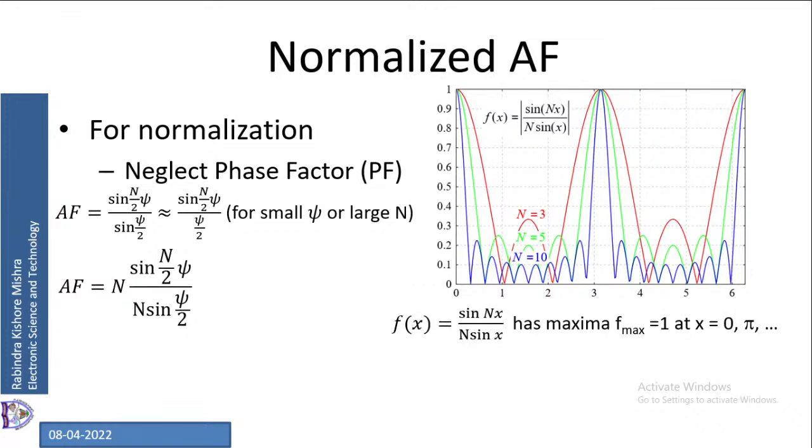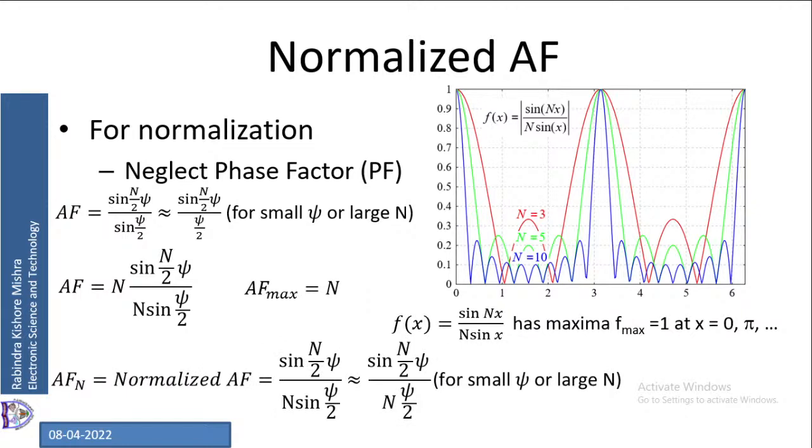So what we have done is f(x) equal to sin(nx) by n sin x. We have plotted this. It has maxima when f is maximum. When will f be maximum? This will be maximum at x equal to 0, x equal to pi, x equal to 2 pi. Those are the points where it will be maximum. So maxima points are found out in that manner.